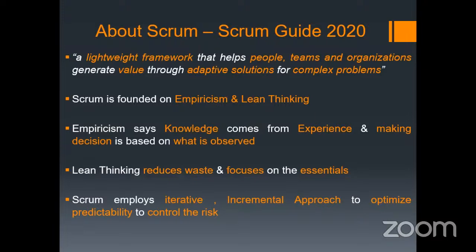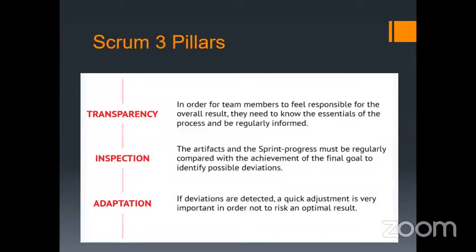Now, what is empiricism and what is lean thinking? Empiricism says that knowledge comes from experience, while making decisions is based on what you have observed. While lean thinking reduces waste and only focuses on the essential. So the gist of Scrum is that it is an iterative and incremental approach, and basically it is founded on empiricism and lean thinking.